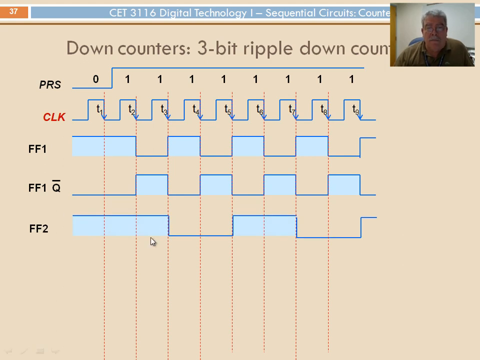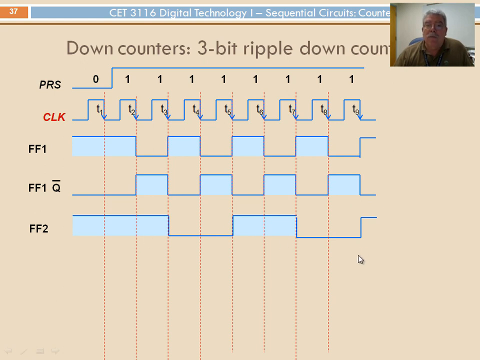Evidently, we start with 1 because of the preset. At this point, we need to toggle, so we go from 1 to 0. The next falling edge of the clock is here. We toggle from 0 back to 1. Next falling edge is here. We're in 1, go to 0. And here, we're in 0, go to 1. Now, this is FF2.